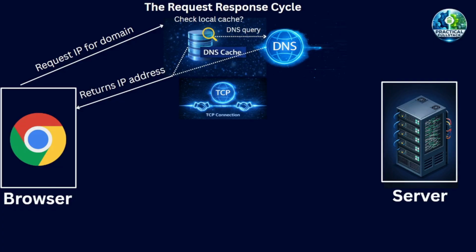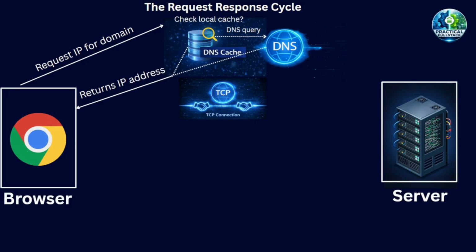The next step is the TCP connection. This is a new topic. TCP stands for Transmission Control Protocol. It is a communication protocol used on the internet to ensure that data is sent reliably and in the correct order between a browser and a server.